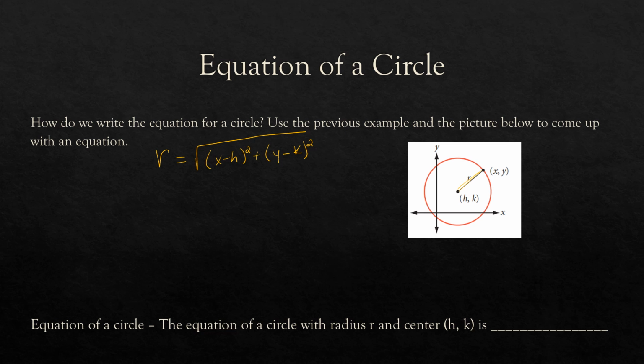Now I don't like this square root on the outside. What if I take that and just square both sides of the equation? So what if it's r squared is equal to x minus h squared plus y minus k squared? And that's exactly what the equation of a circle is.